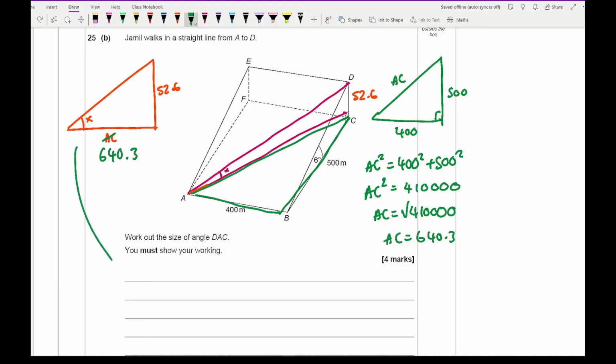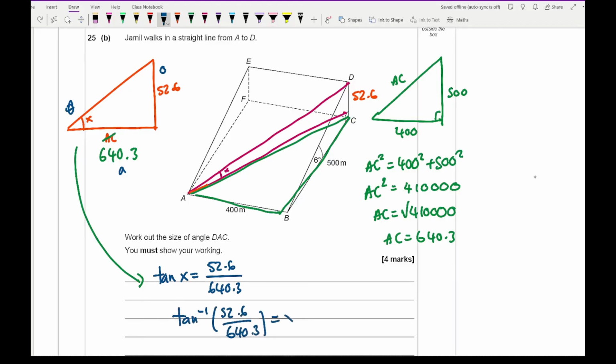So from this, what I could then do is work out the angle using trig. So again, this is going to be theta, this is going to be O, this is going to be A. So I've got tan x equals 52.6 over 640.3, and then the inverse tan of 52.6 over 640.3 equals x.